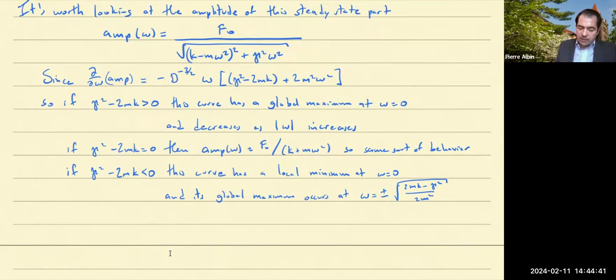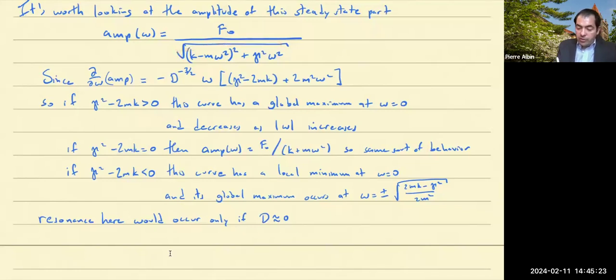Okay, and then finally, let's think about resonances. Remember from last class, we saw the resonance was what was happening when the amplitude was blowing up to infinity. So in this case, when would this amplitude go to infinity? So resonance here would occur only if this denominator was going to 0. But this capital D, remember, is the thing that we're taking the square root of here.